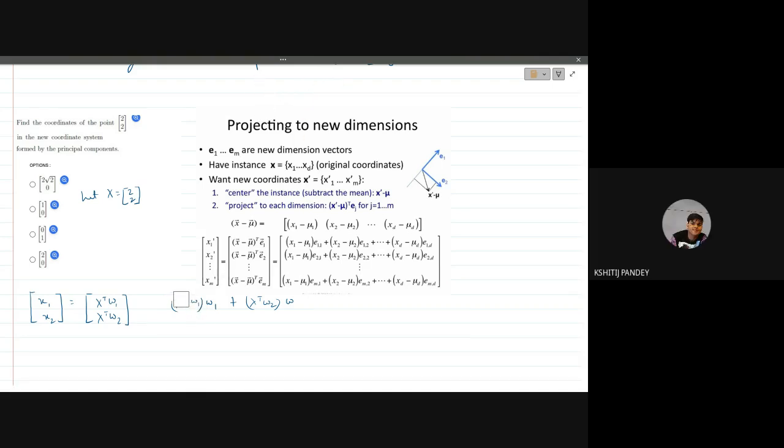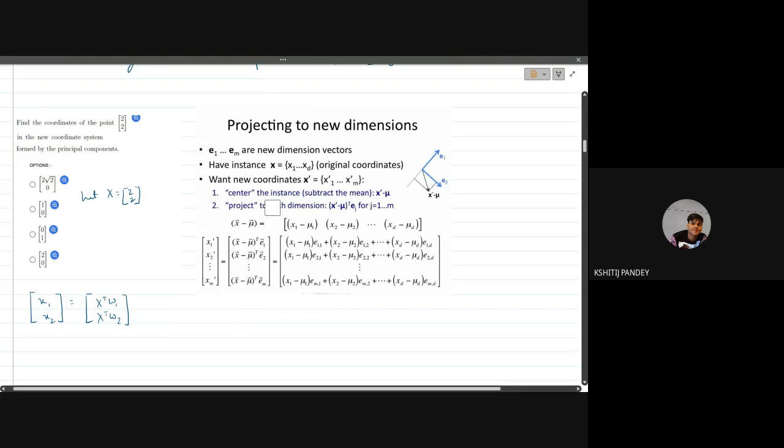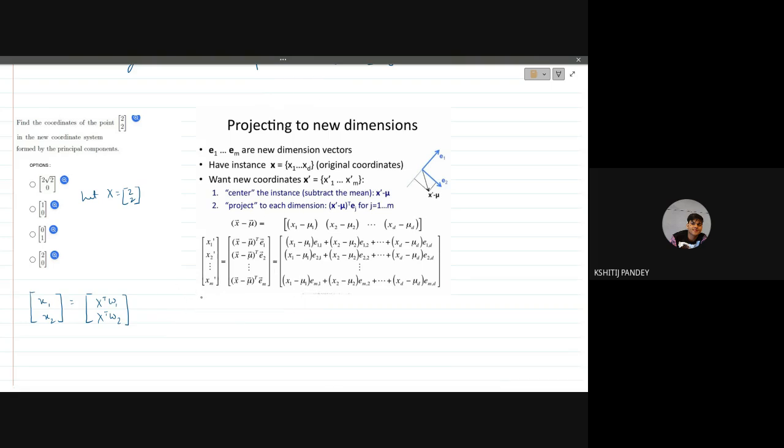Now, coming to why this is the right approach. Let's focus on X transpose W1 into W1. This is projecting your data point onto W1, and then multiplying it with W1. That gives you the projected vector, correct?